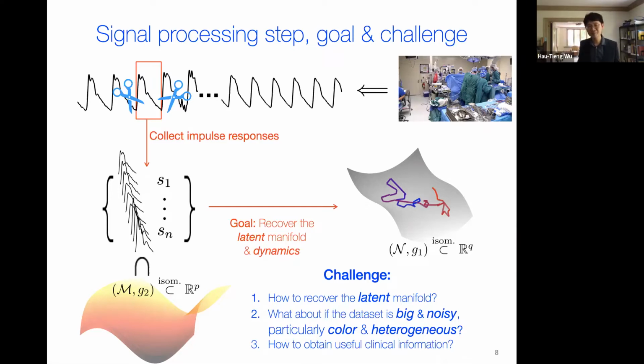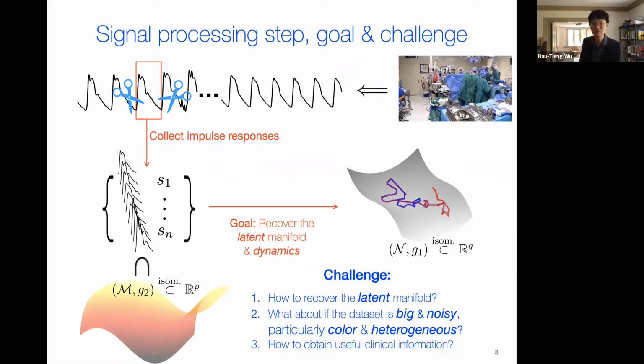And in particular, in practice, we all agree that the data is always contaminated by noise. But the terrible part is that the noise is usually not Gaussian white, right? It's usually colored, and it may be heterogeneous and certainly non-Gaussian. Then what can we do?